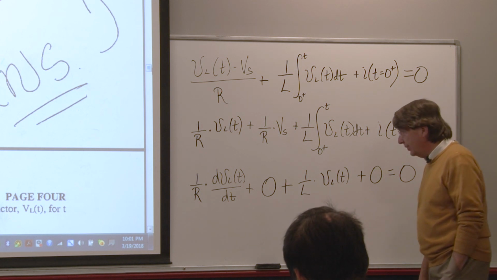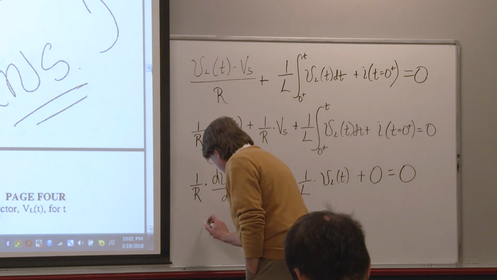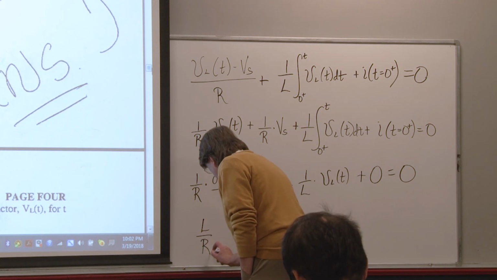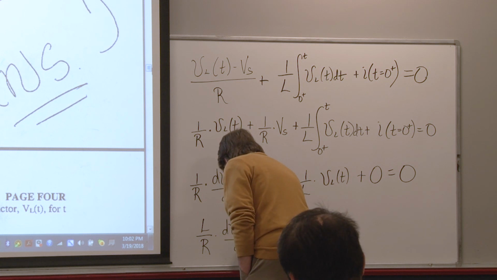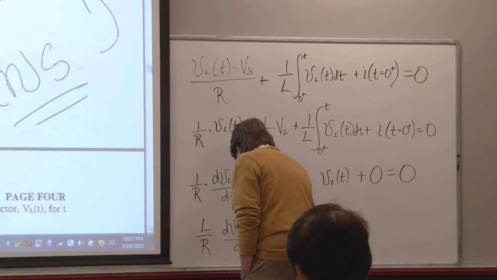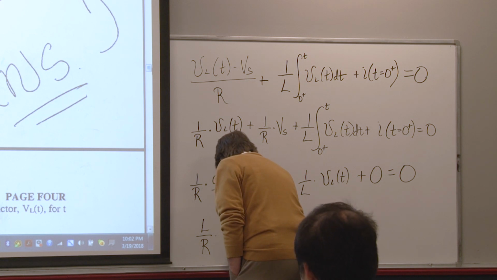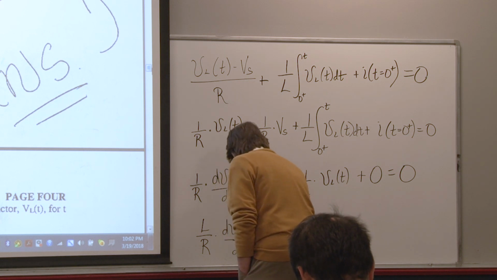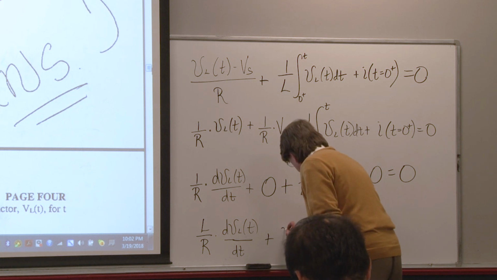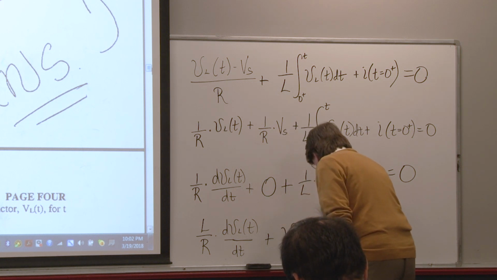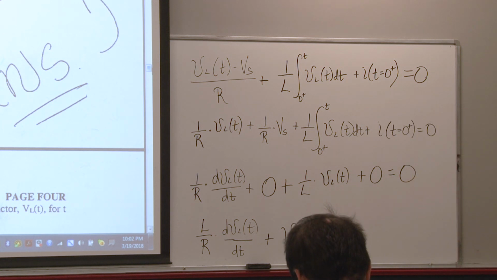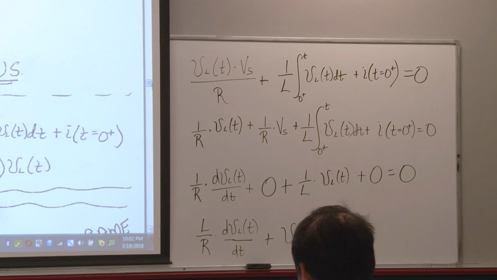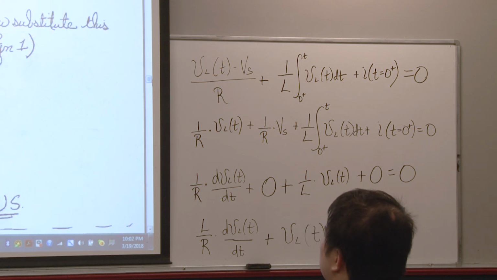So now what I get is L over R times the derivative of the voltage as a function of time plus V sub L of t equals 0. Did I get it right?